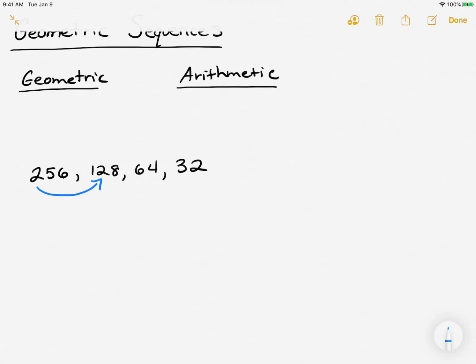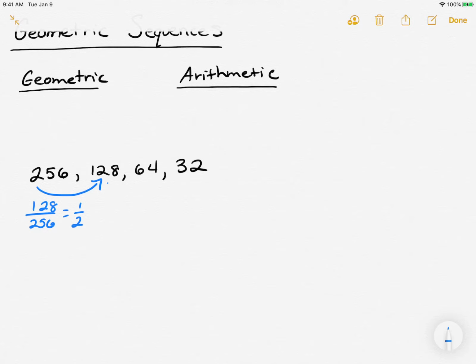The way I figure out what the ratio is, I take the 128 and divide by 256, and I get 0.5, or 1/2, because 128 is half of 256.